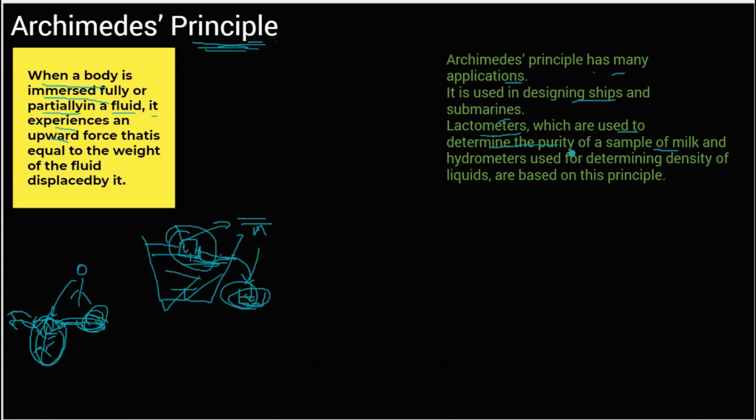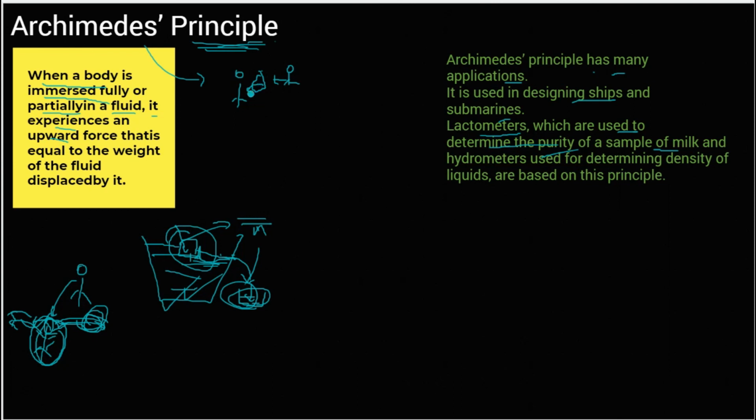Archimedes gave this principle way back earlier. He was a member of the court, and the king asked him, I think this was the story, to go and calculate the purity of a crown. He went with this crown, very confused about how he could measure a crown's purity.